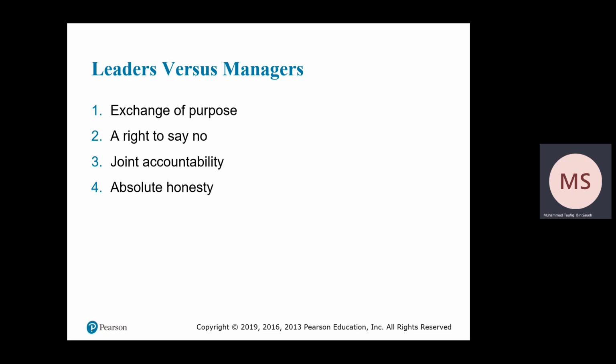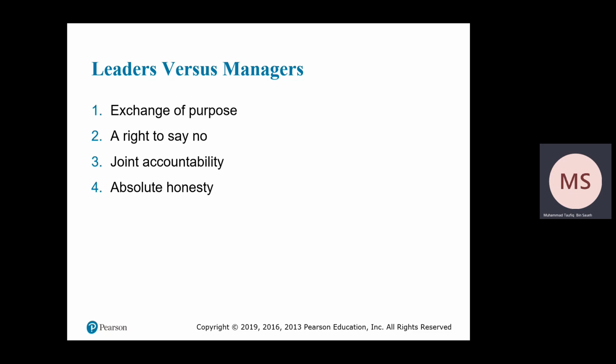As a leader, you have the right to say no, and it is possible for your followers to say no. But most managers don't take no as an answer.